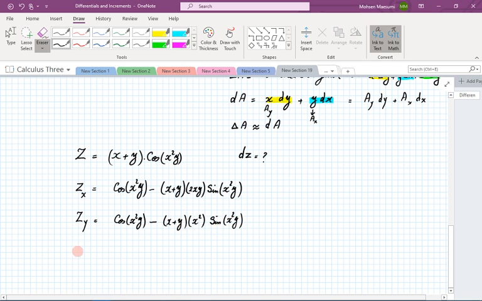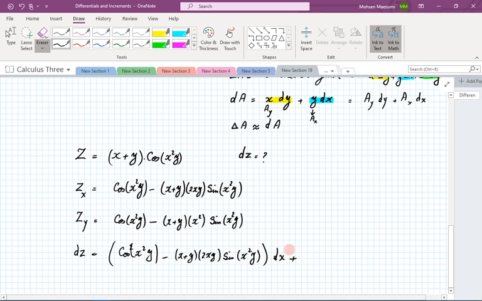So what is dz? It's going to be the first expression. Now it became lengthy. Cosine of x squared y minus x plus y times 2xy times sine of x squared y, all of this, which is the partial of z with respect to x, times dx.